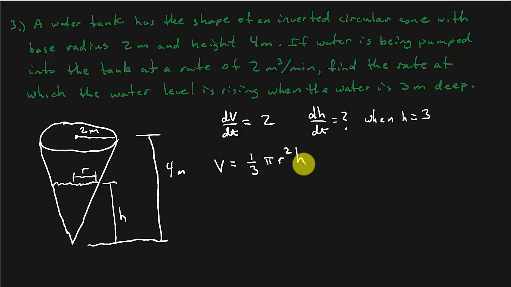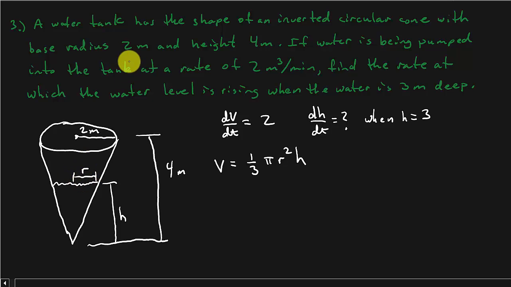Now, let's look at this. You see all the information that it's given us. It's not telling us anything about the radius. This 2 meter radius is the radius of the tank.